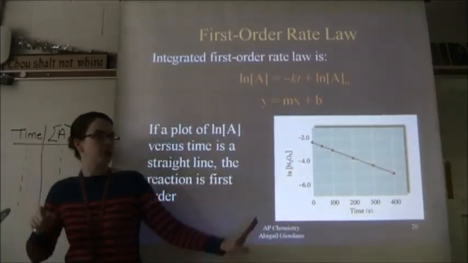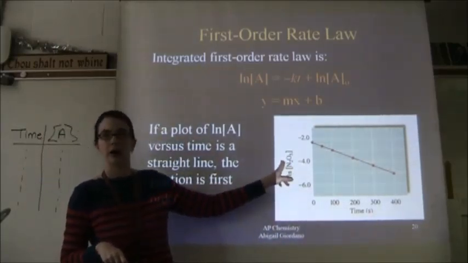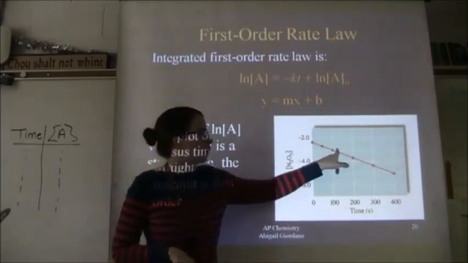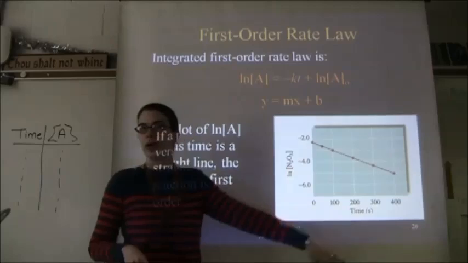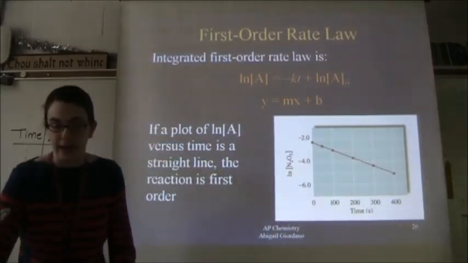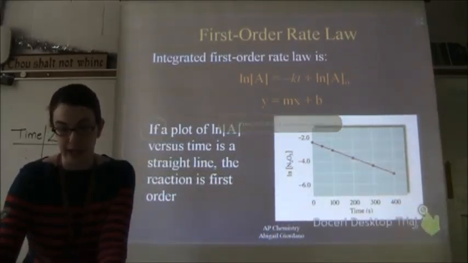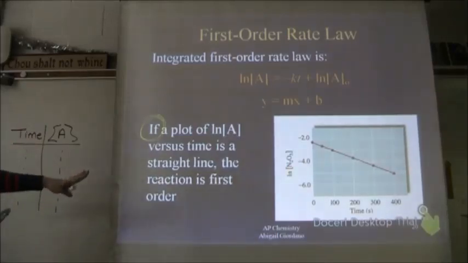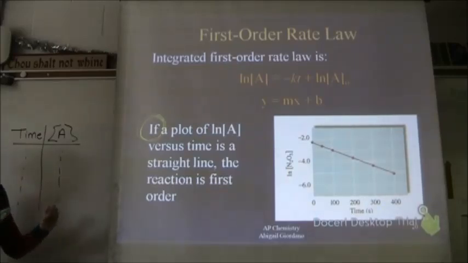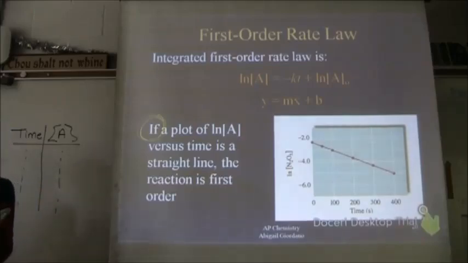It's not just concentration. It's the natural log. Do you all agree that that line is perfectly straight? If, and that's a big if, you plot data just like this and it comes out to be linear, straight, then you can say, yes, this data is first order.